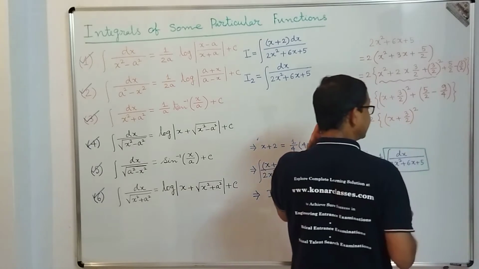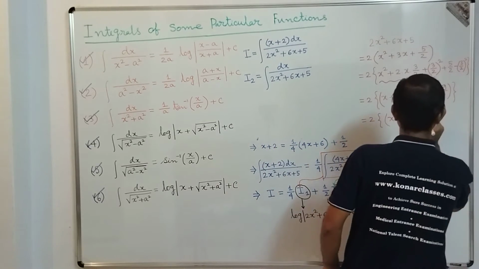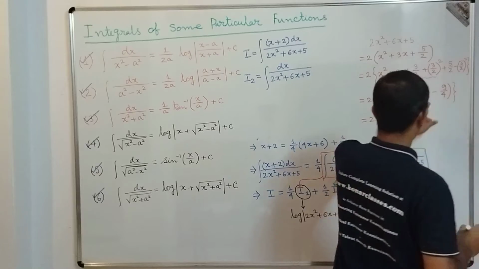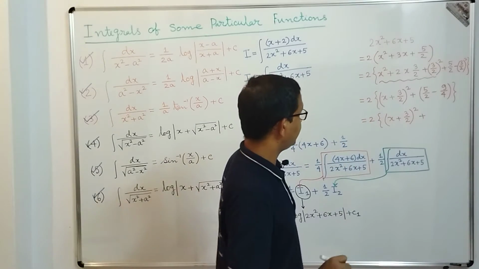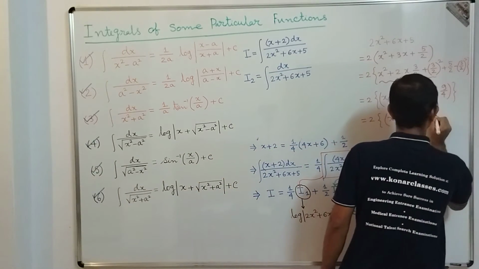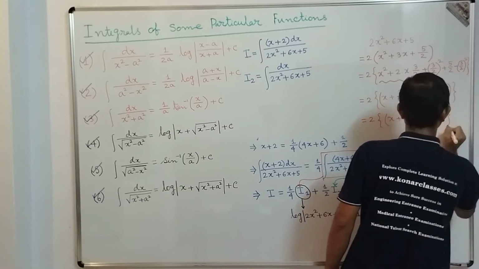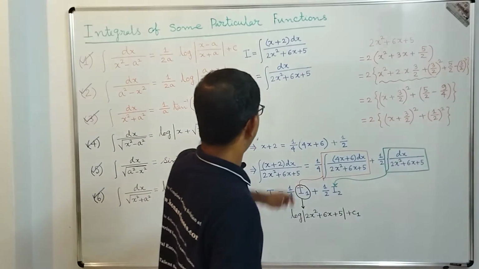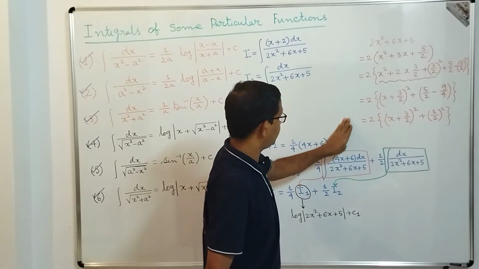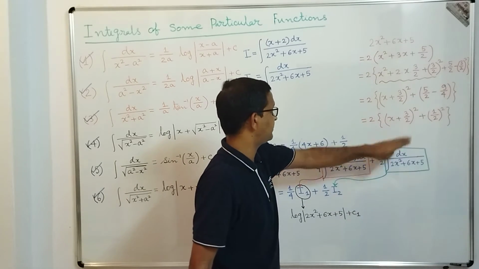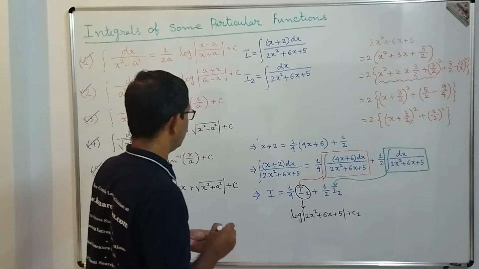So now that is equal to, 5 by 2 minus 9 by 4 is nothing but 1 by 4. 1 by 4 means what, dear students? That 1 by 2 complete whole square. So the value of this expression we have come up like this, that 2 into x plus 3 by 2 whole square plus 1 by 2 whole square.